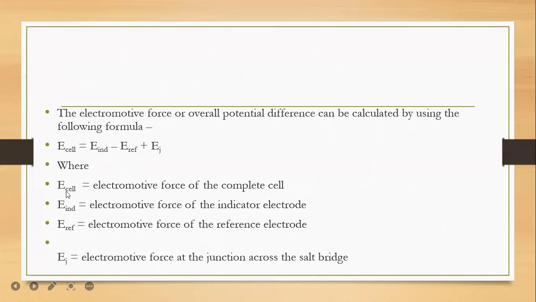Where E cell is the electromotive force of the complete cell, E indicator is the electromotive force of the indicator electrode, E reference is the electromotive force of the reference electrode, and E junction is the electromotive force at the junction across the salt bridge.